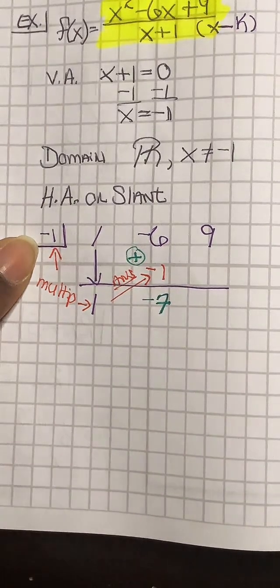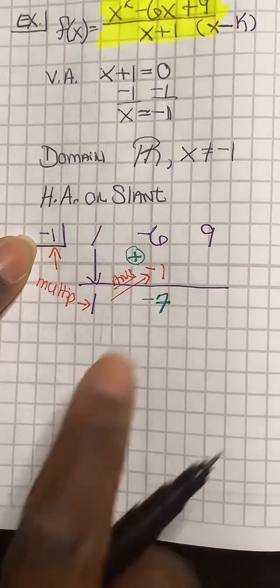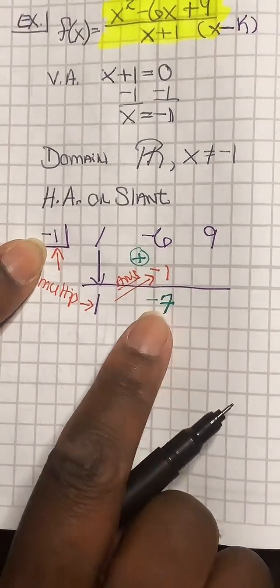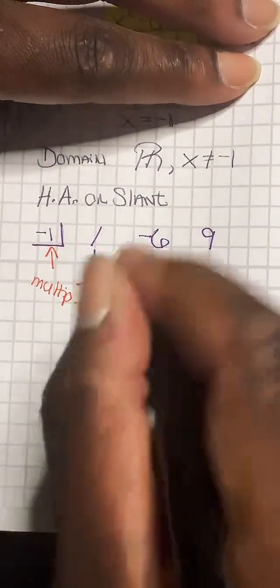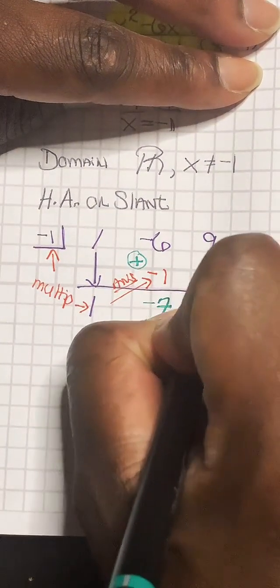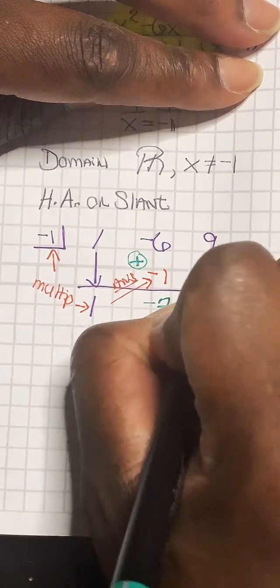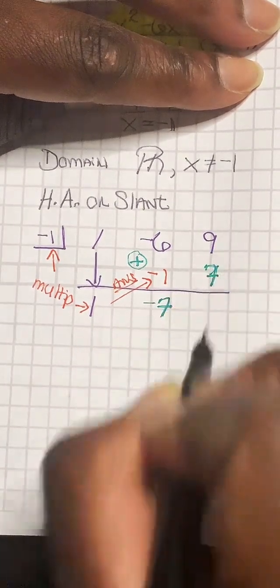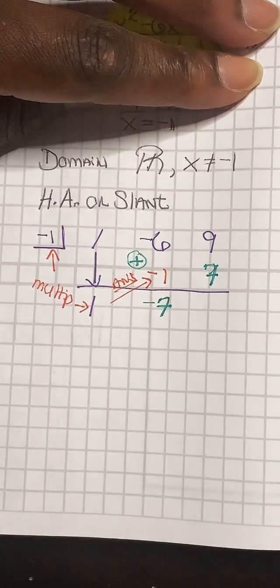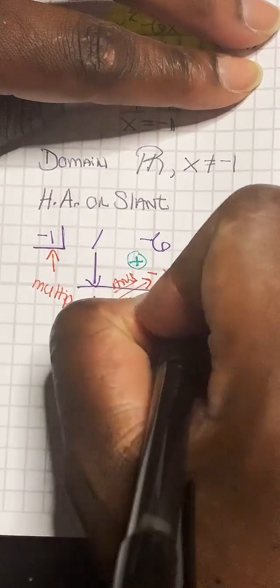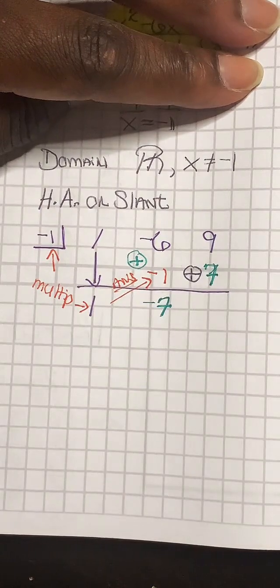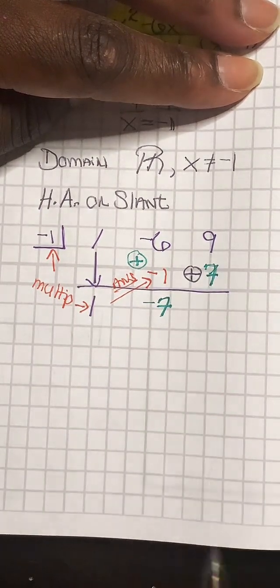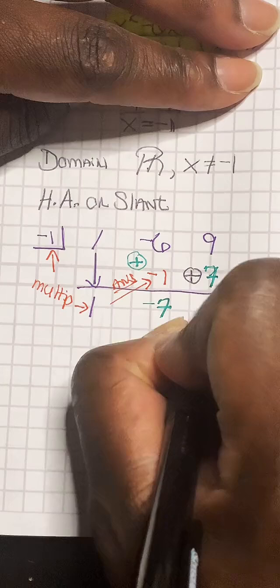Now I'm going to repeat the process again. Negative 1 times negative 7 gives me a positive 7. That positive 7 goes underneath the next term. Then you're going to add them together. 9 plus 7, that's 16.